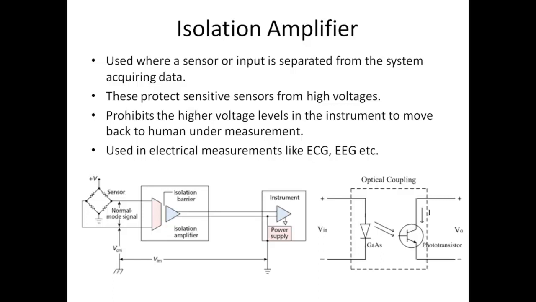That intensity from the LED is detected by a photo resistor or photodetector, and then converted back into an electrical signal and fed into the further circuitry. So electrically an isolation has been created, and in between the transmission takes place with the help of light. The electrical signal is converted into an optical signal, and then the optical signal is converted back into an electrical signal.